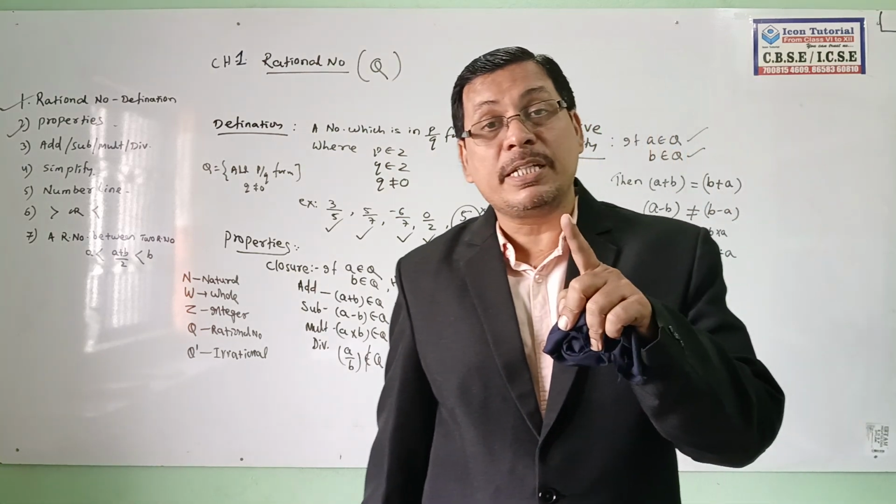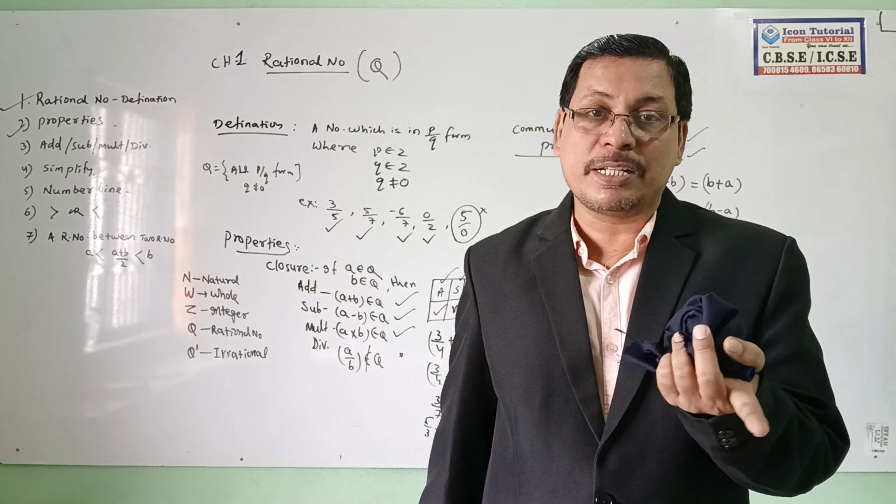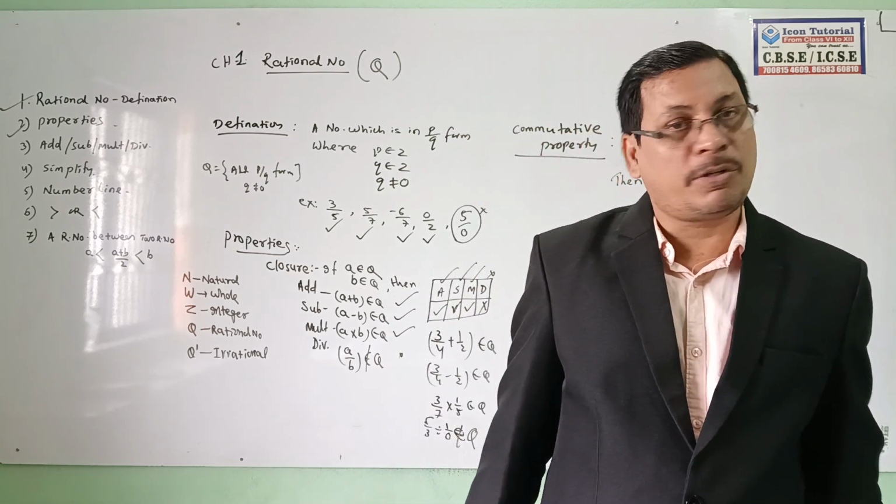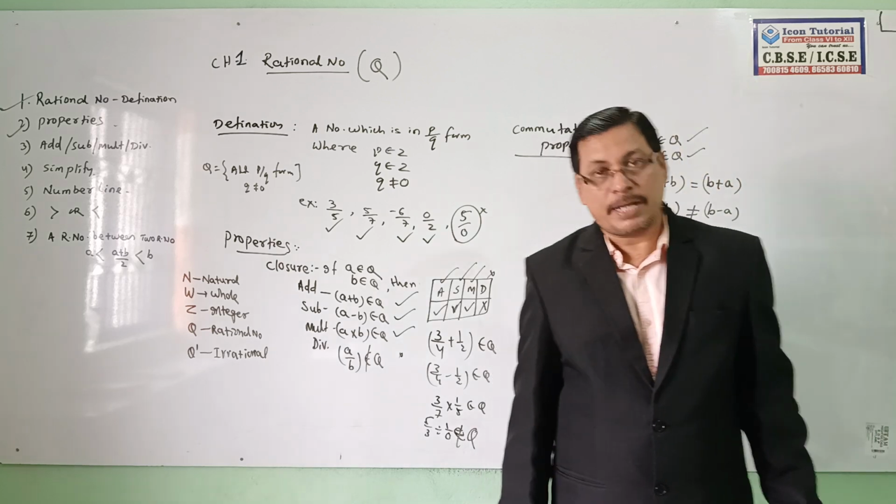Commutative: A plus B is equal to B plus A, A into B is equal to B into A, but A minus B is not equal to B minus A.